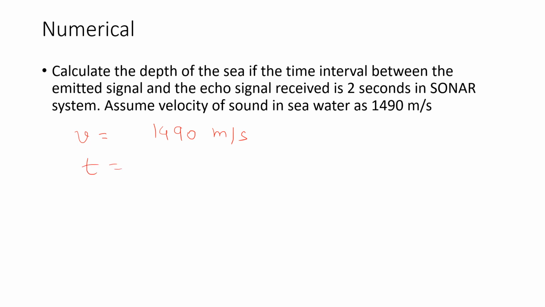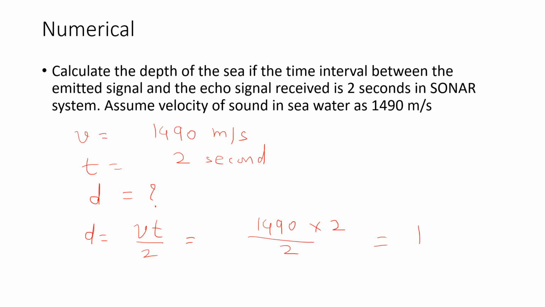So t is equal to 2 seconds, and we have to obtain the depth of the sea. As we have seen, the formula is d equals Vt upon 2. So it will be equal to 1490 into 2 divided by 2. So simply it will be 1490 meters.